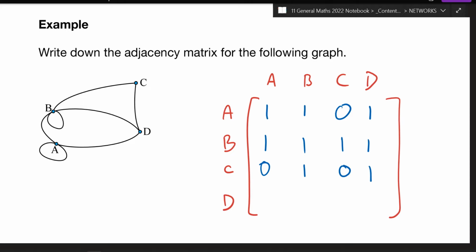So D is where it gets interesting. D to A is 1. D to B is also 1. Sorry, it's not interesting, it's the same. D to C is also 1. And then D to itself is 0. So that's what our matrix should look like.